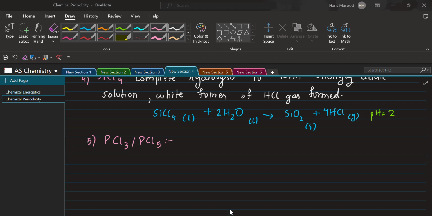So phosphorus 3 chloride, PCl3, will react violently to give a strongly acidic solution again.